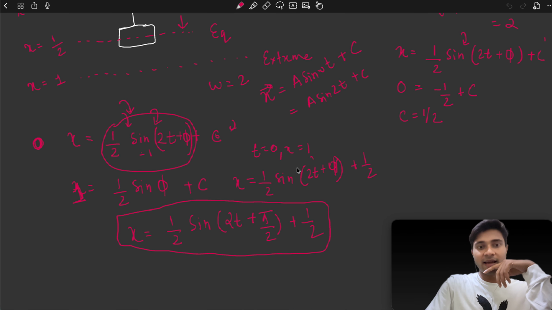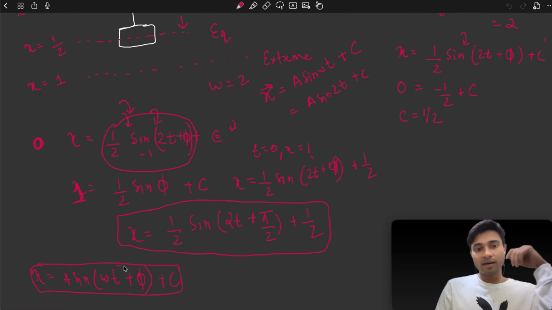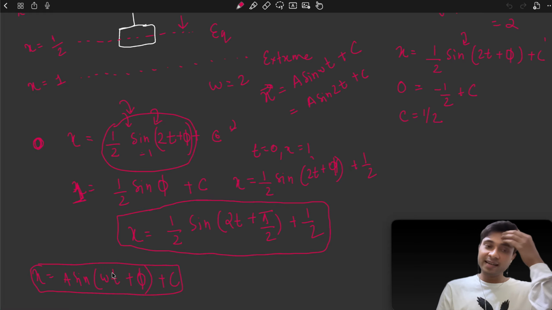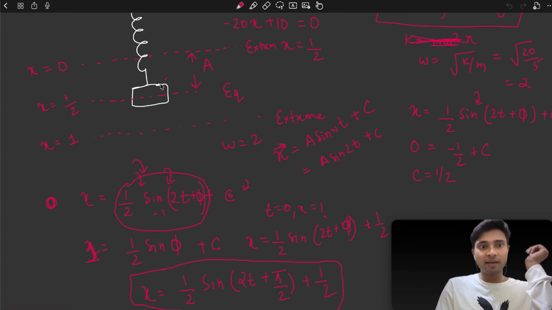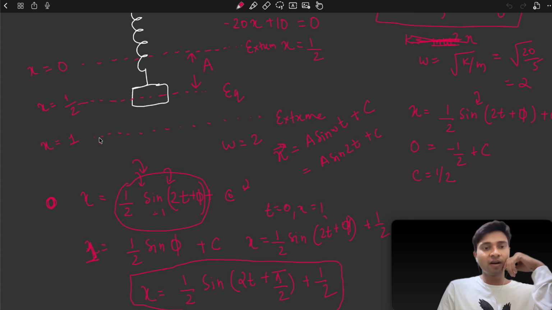It looks like x is equal to a sine omega t plus phi plus constant. This is the generic SHM equation. Now, after comparing with values like equilibrium position and extreme position, how did we figure out the extreme position?